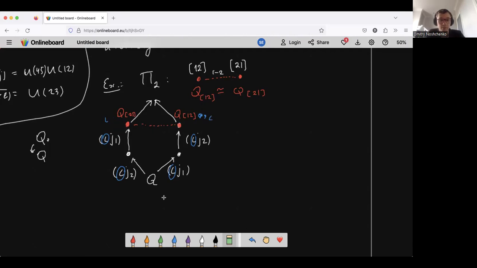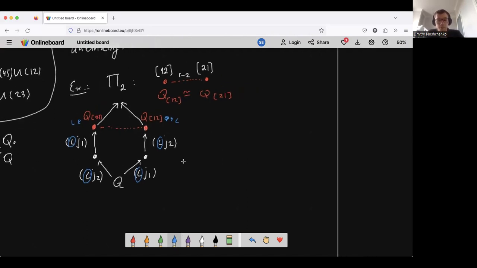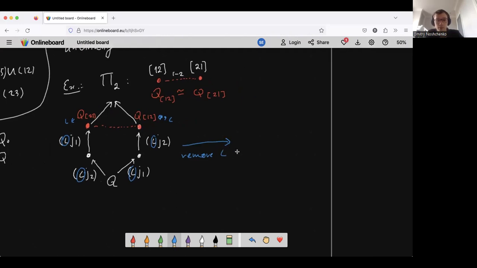We can simply remove iota from all quivers that we had in this diagram. So in this step, remove iota, and what do we obtain?